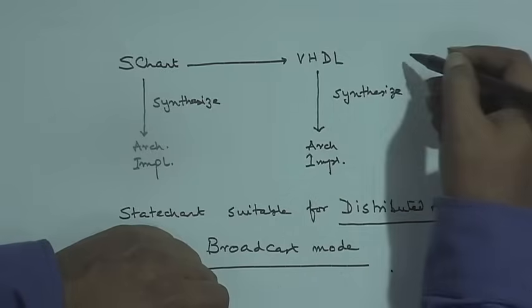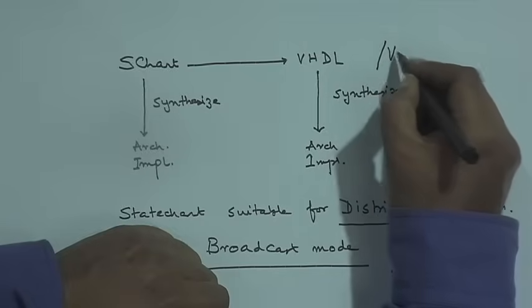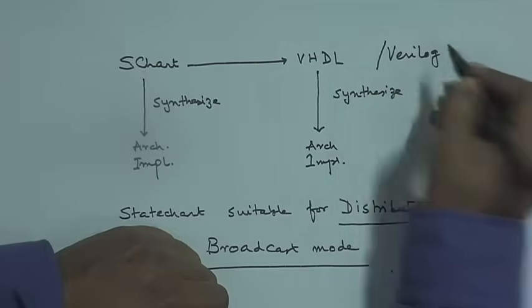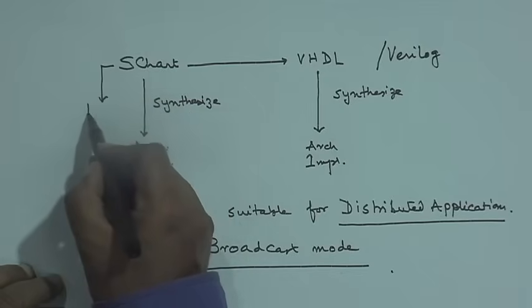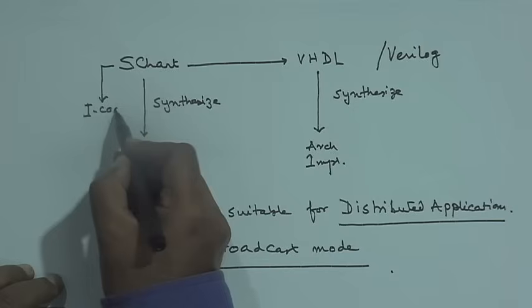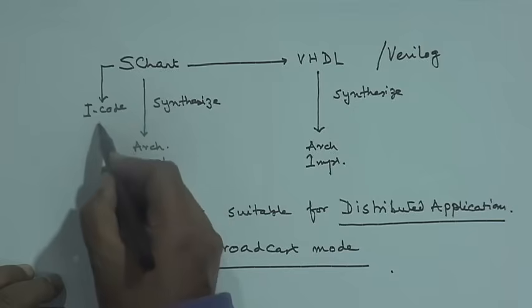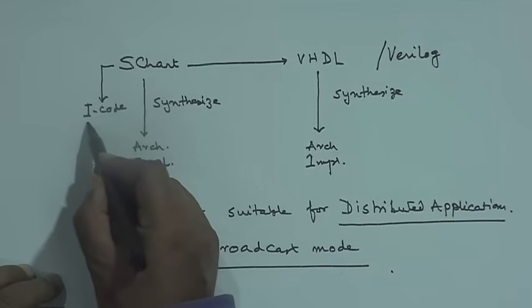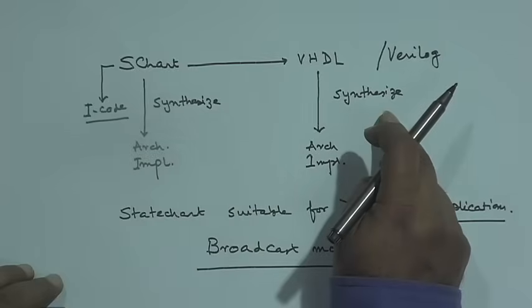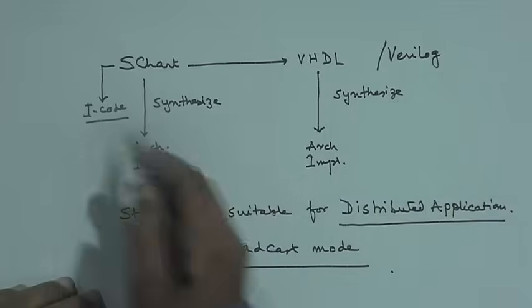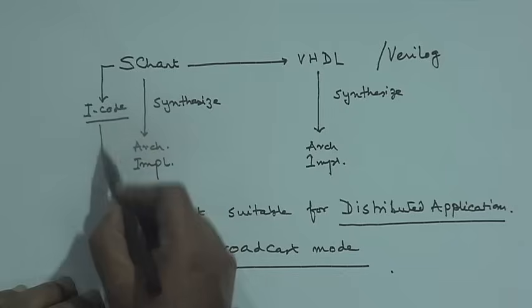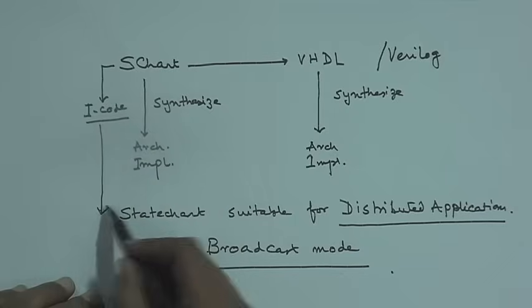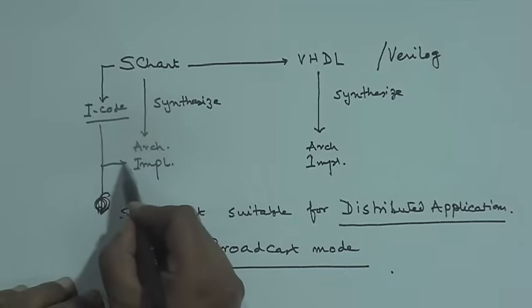But here, from state chart, from this graphical thing, you can generate some intermediate code yourself, and you can design a synthesizer, not these commercial tools of Cadence or Synopsys, but a separate tool which will take this intermediate code generated from state chart and generate the synthesis.